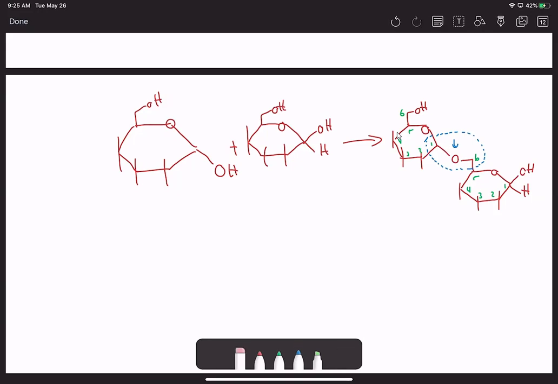So we have this alpha, and then I take a look at the carbons, carbon number 6, carbon number 1. This is an alpha 1,6, and the term we memorize, glycosidic bond. So that is alpha 1,6.